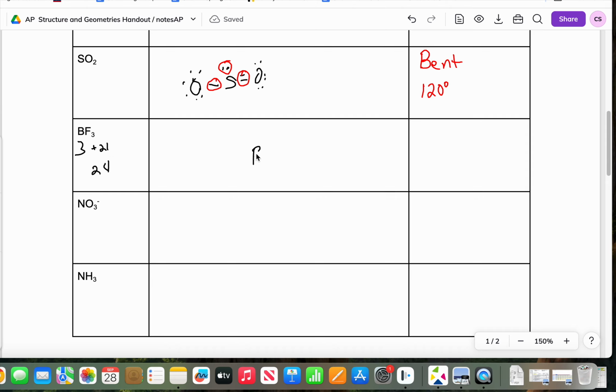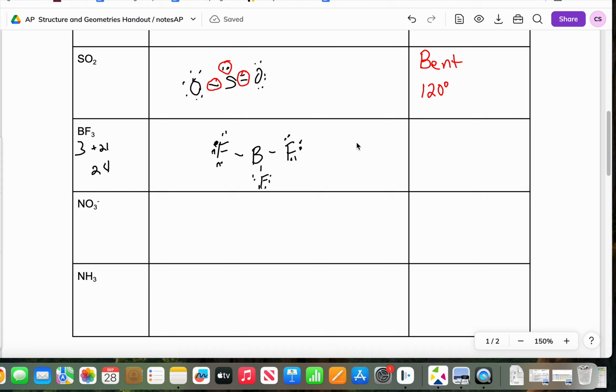Our picture has to show 24, so we go B, F, F, F. Now, boron is also a violator of the octet rule. It doesn't get a lone pair on it because it only has 3 valence electrons. So 18, 20, 22, 24.